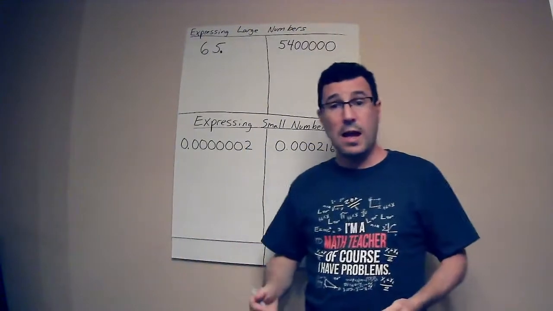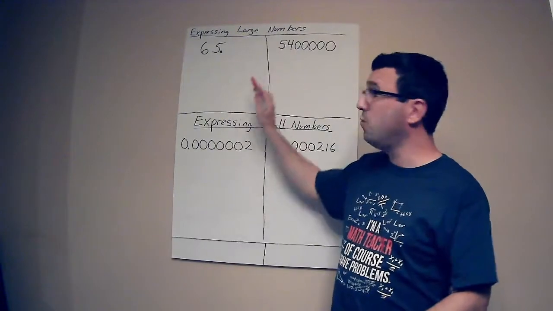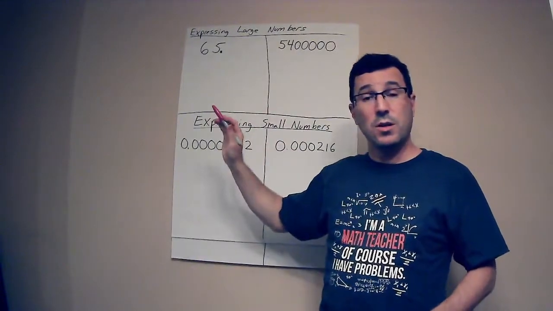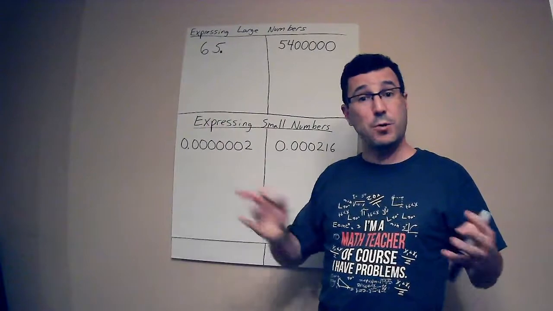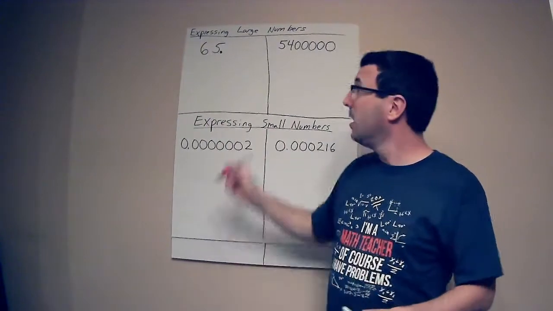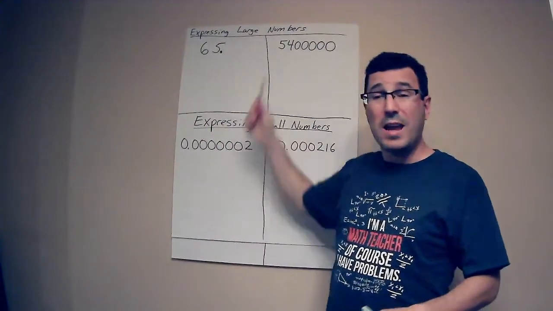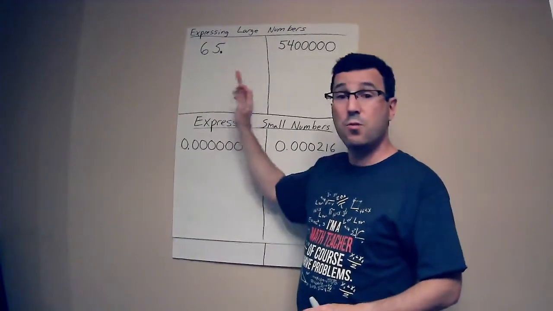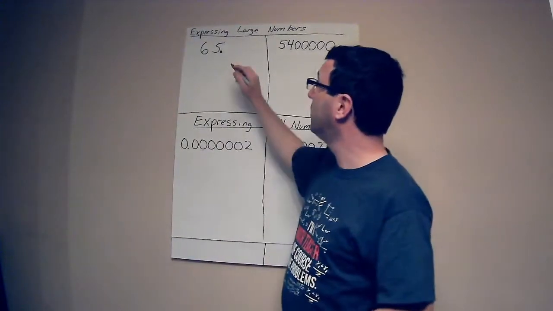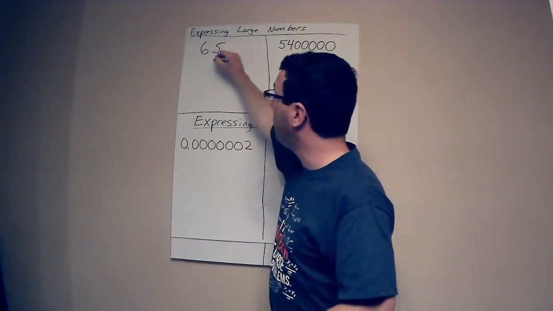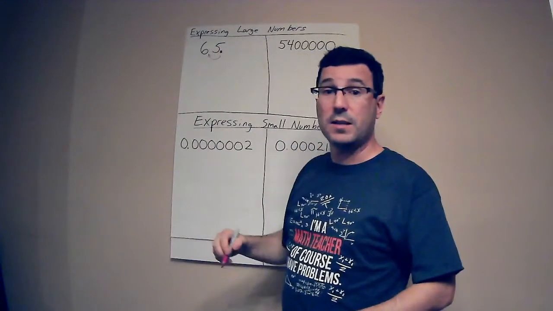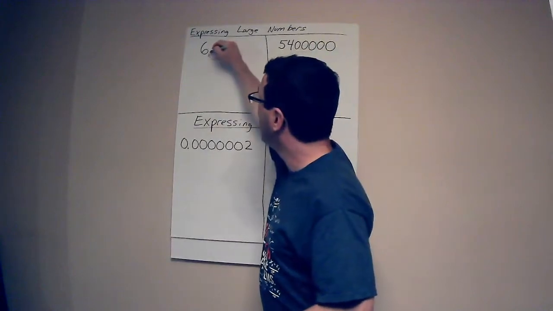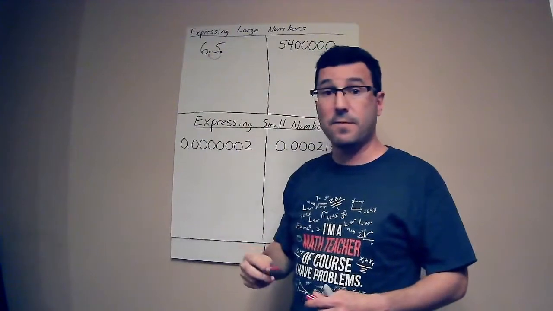And all I have to do is move that decimal until I get a number that's between 1 and 10. Now in this case, I wouldn't move it to the right because it would just get bigger and bigger and bigger. What I have to do is move that decimal to the left. And in this case, I'm going to move it only one place, in between the 6 and the 5.